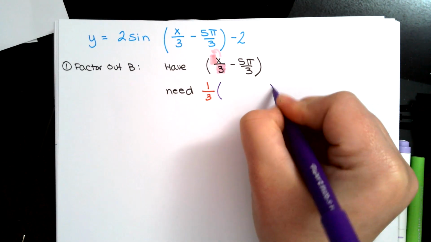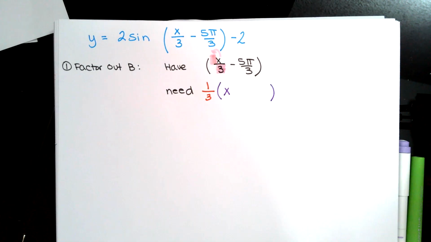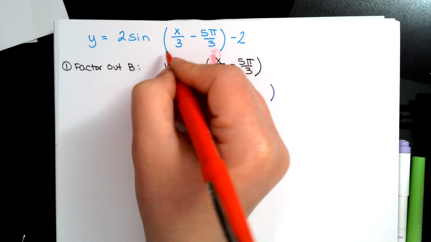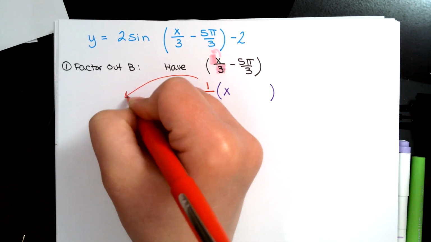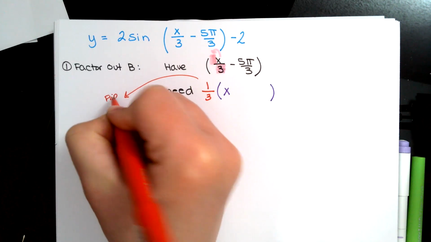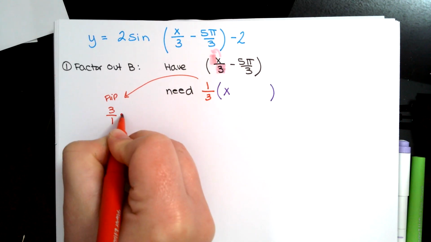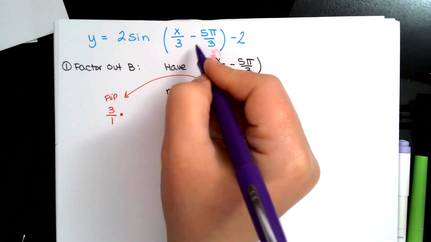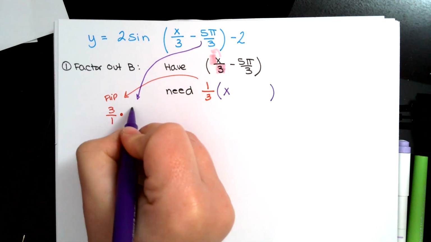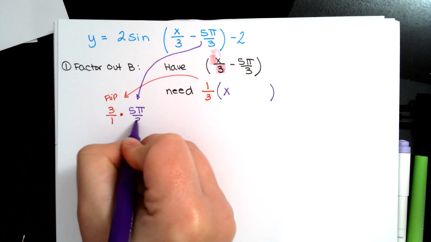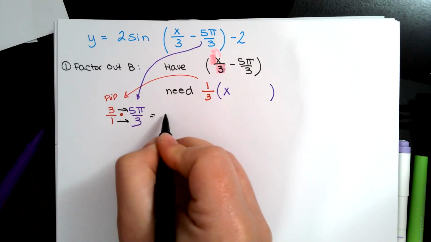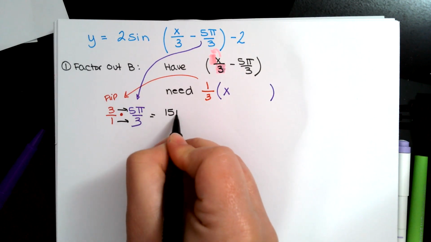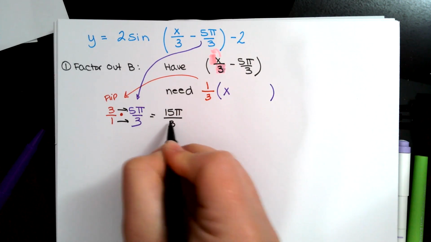We're going to open this up. X remains on the inside, and now we'll do our little mini equation. So we're going to take this b value, we're going to flip it. So now I have 3 over 1. I'm going to multiply that by the original value that they've given me, which is 5 pi thirds. When you're multiplying, you're going to multiply straight. We get 5 times 3 is 15. 3 times 1 is 3.